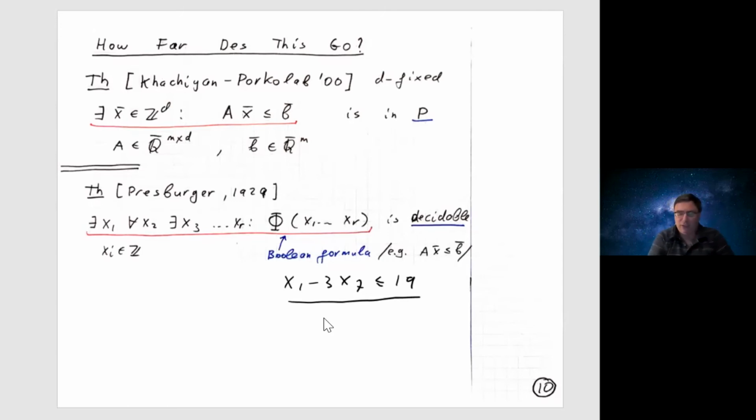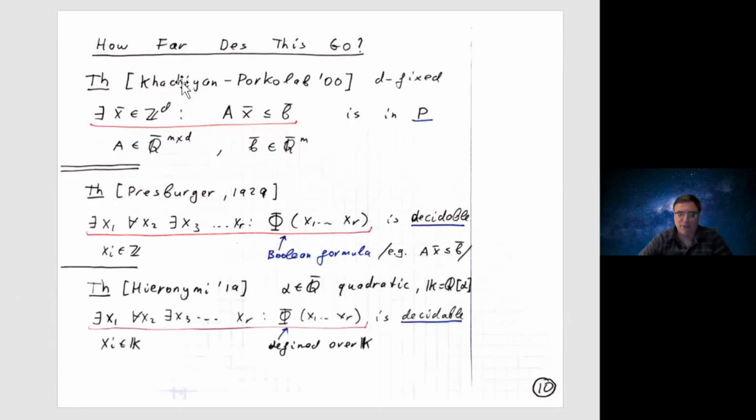It was worked out later that this has triply exponential complexity, but that's not super important for us now. The lower bound is doubly exponential. The point is, this is a decidable theory. Everyone okay with this? So you should basically know this result. If you don't, figure it out, it's pretty important.